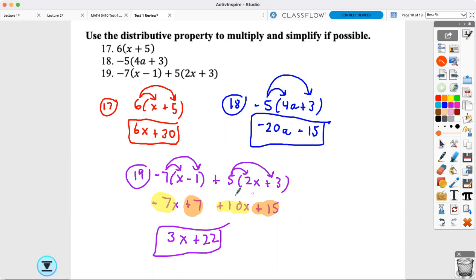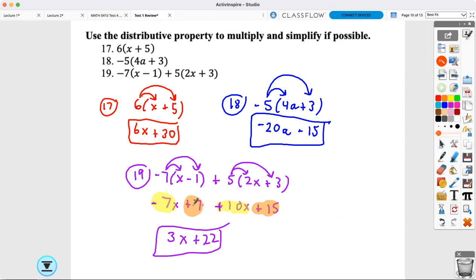X. Yeah, they both have an x, so consider those like apples. -7x is you owe me 7 apples because it's negative. Positive 10 means how many apples do you have? 10, but you owe me how many? 7. So if you have 10 fingers up and you give me the 7 that you owe me, how many are left? 3. But instead of apples, we use what letter? X. There you go. Good job.